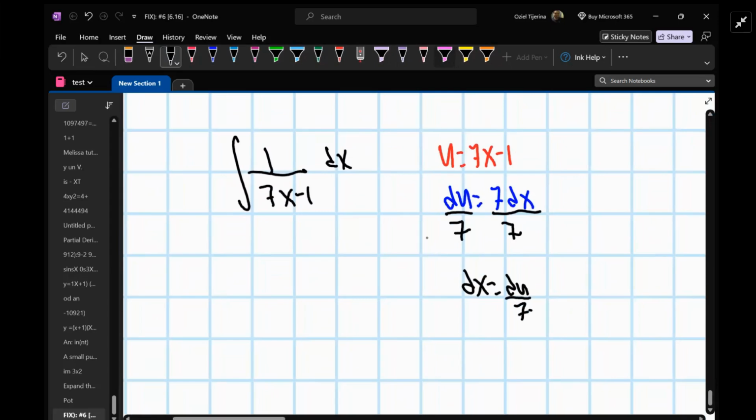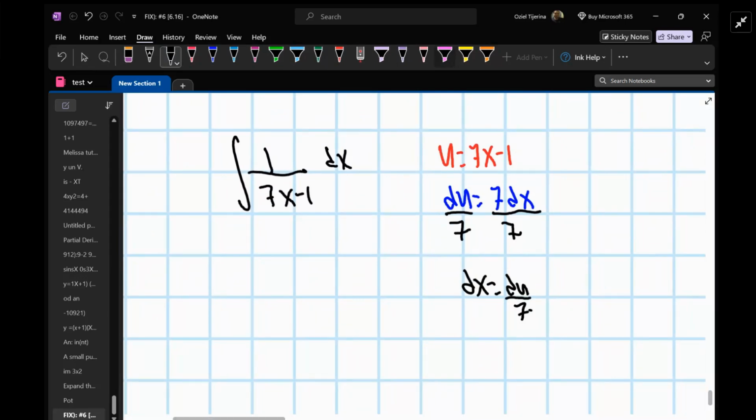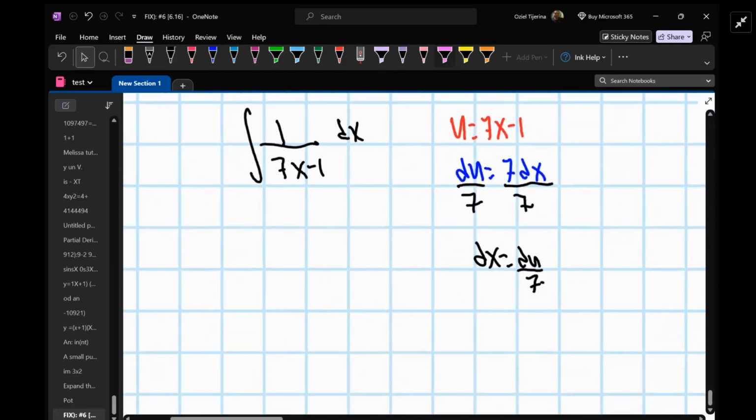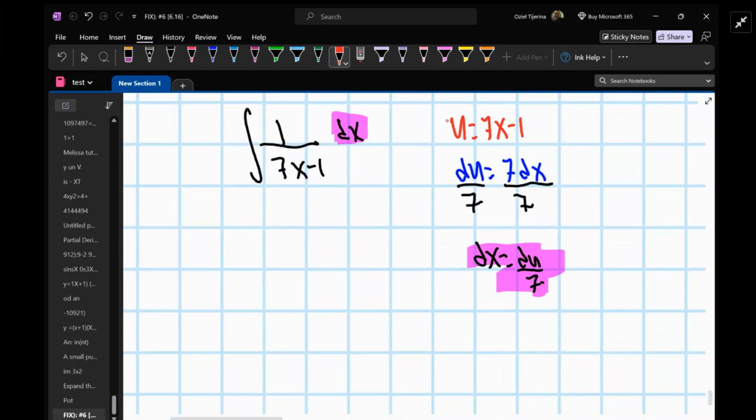This is something we've already done before. I'm sure they've taught you how to do this. It's just substitution. So let's substitute everything. The dx becomes this, and then u becomes this part.